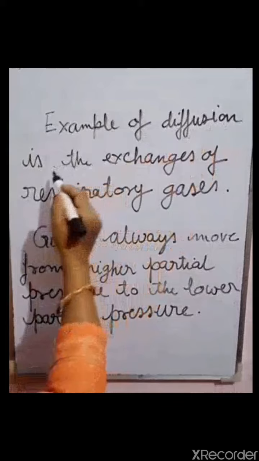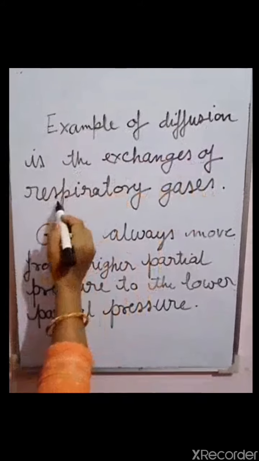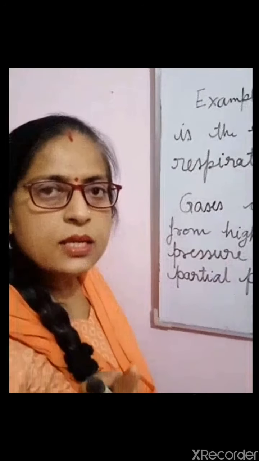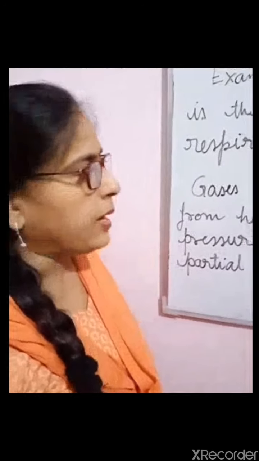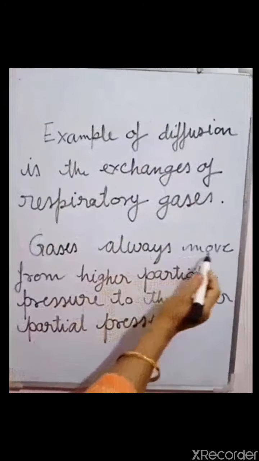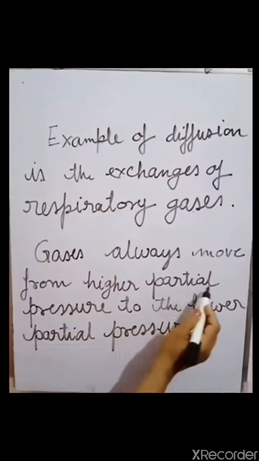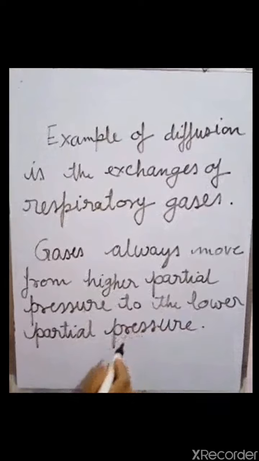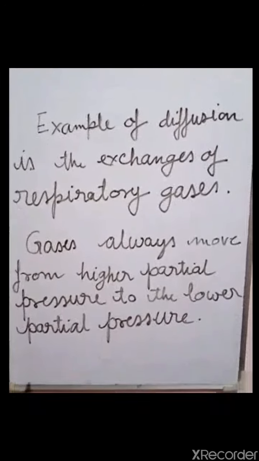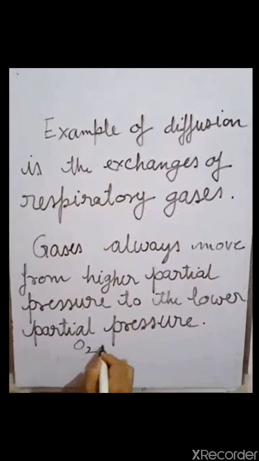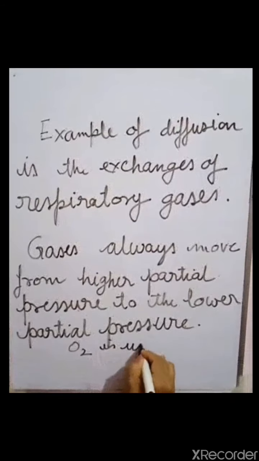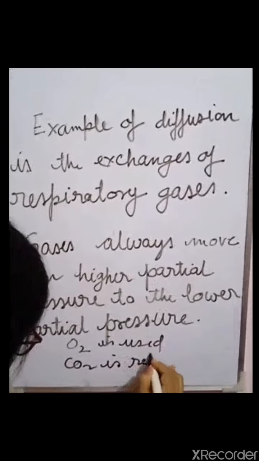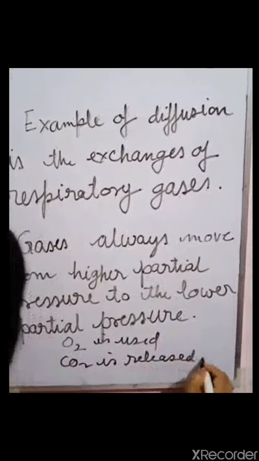An example of diffusion is the exchange of respiratory gases, and the respiratory gases are oxygen and carbon dioxide. Gases always move from higher partial pressure to lower partial pressure. During respiration, O2 is used and CO2 is released.